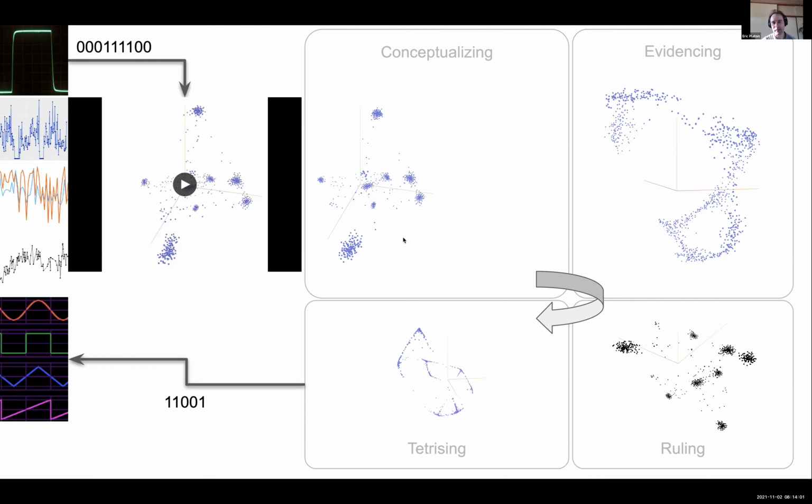RNNs usually are more greedy in terms of data, and here I just don't have it. They're also, to me, a bit overkill. Again, here I'm trying to have as little assumption as possible on the structure of what is needed and what's going on.